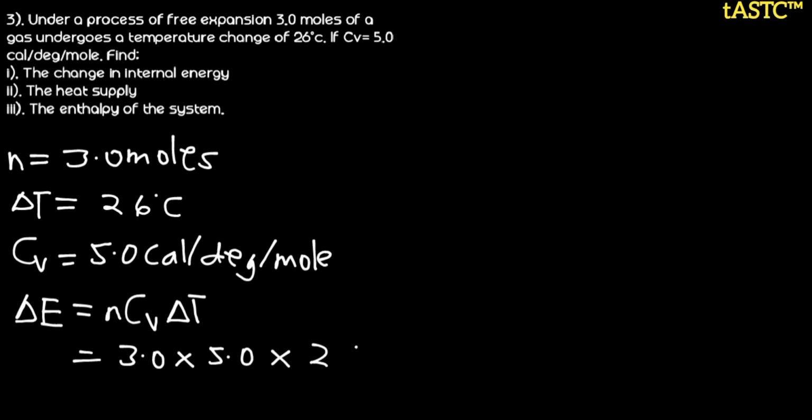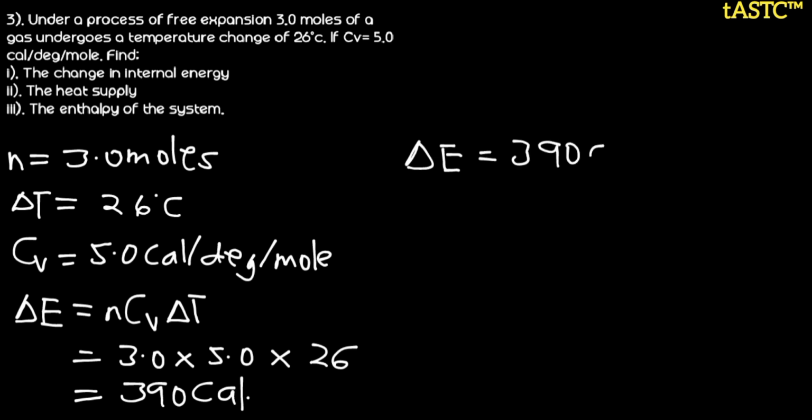Whoa, that is a mistake. That should be 26. So let us see what that is going to give. This is 3.0 multiplied by 5.0 multiplied by 26. So that gives us 390 calories. So that will be the answer for the first part. 390 calories is the answer for the change in internal energy.